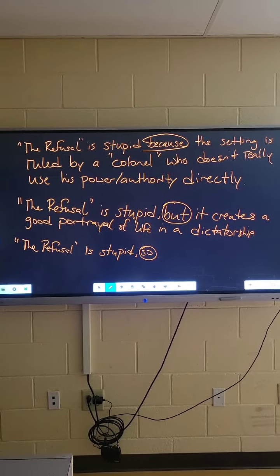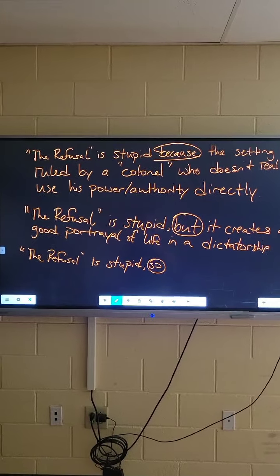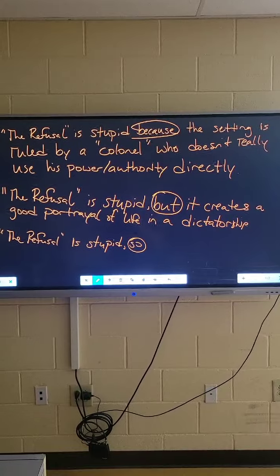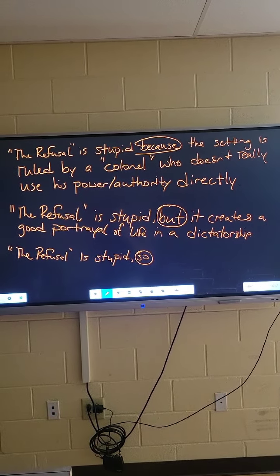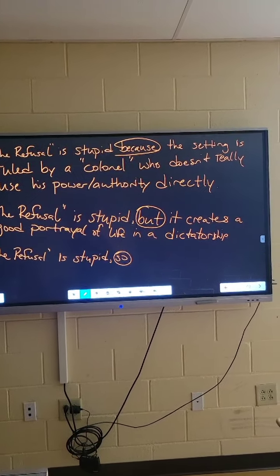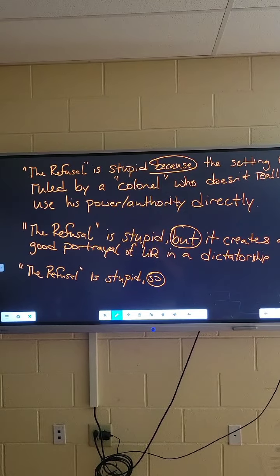But we didn't stop there. So we added a second sentence following the Hochman method. It says, the refusal is stupid, but, and almost instantly a second student said, it creates a good image. And I said, well, an image of what? And we came to the final sentence that it creates a good portrayal of life in a dictatorship.